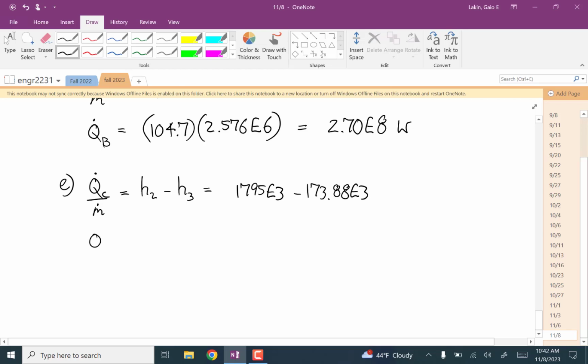And so Q dot for the condenser, multiply it by m dot, and you get 1.70 times 10 to the eighth. So the difference there is the net work.